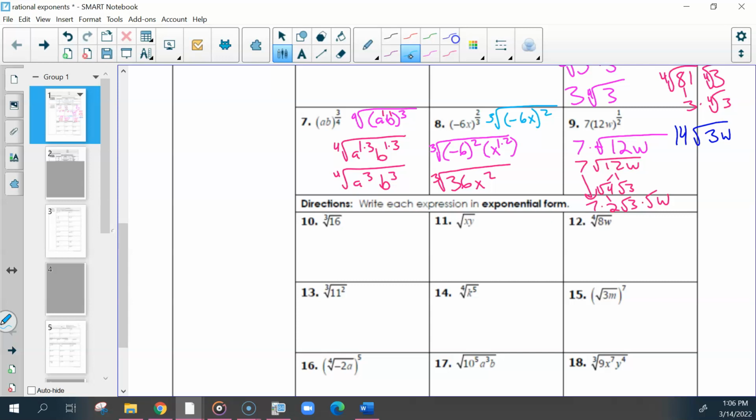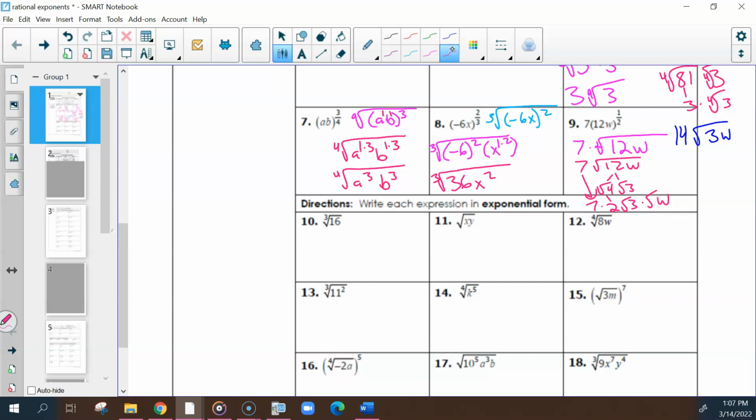So like for number 8, for 36, I have, let's go with 18 and 2, 9 and 2, 3 and 3. This is a cube root, so I would need groups of 3, and I don't have groups of 3 here. X squared would be x times x. I don't have a group of 3 here, so nothing else would simplify. So it really just depends.